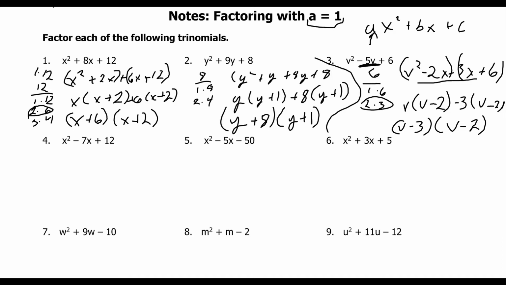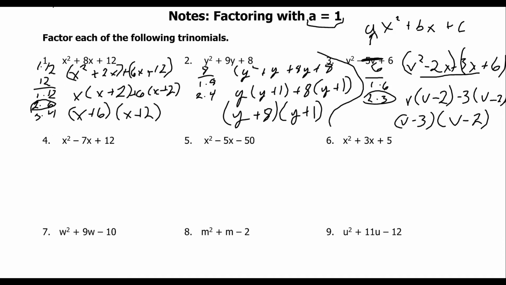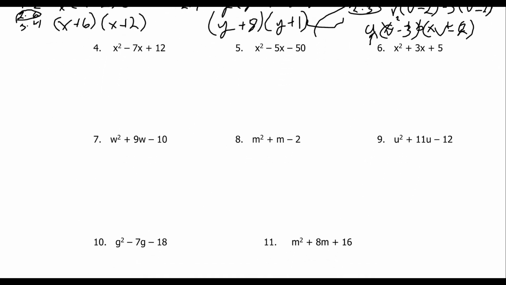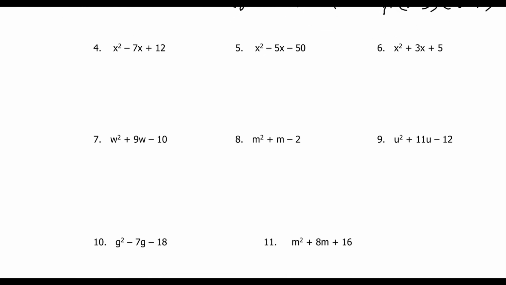All right. Now, on number 4, I'm going to step things up just a smidge. I'm going to show y'all something else. All right, so whenever I see the number 12, I see 1 and 12, 2 and 6, 3 and 4. The only thing that will combine to give me 7 is 3 and 4.